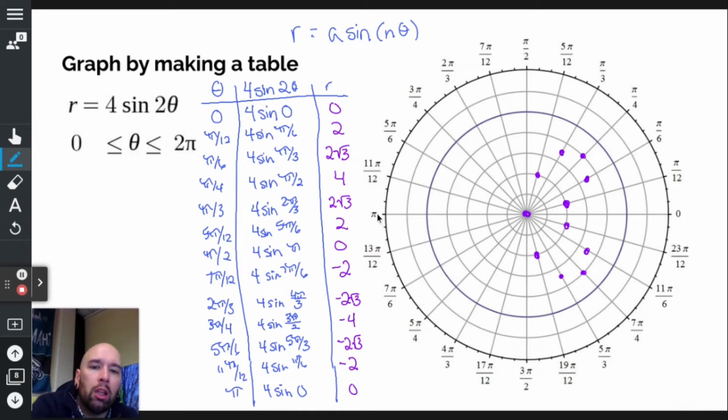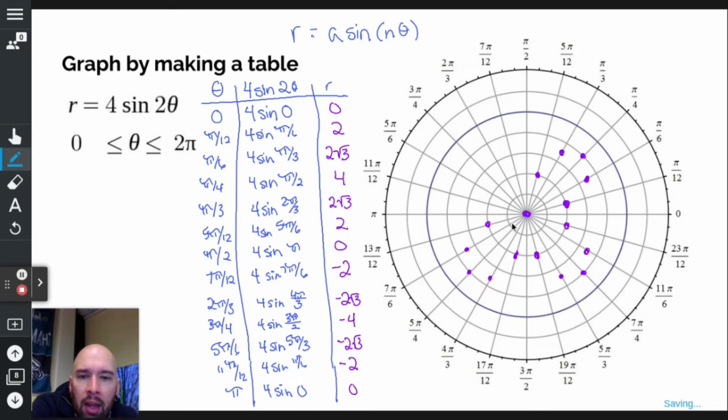Now, as we go for the rest of them, we use these same exact numbers in this order. So pi is 0. 13 pi over 12 would be 2. So here. And then that 2 root 3, and then that 4, and then that 2 root 3, and then that 2, and back to 0.